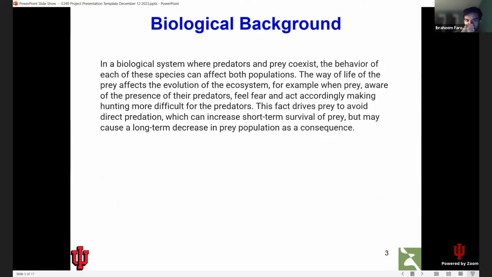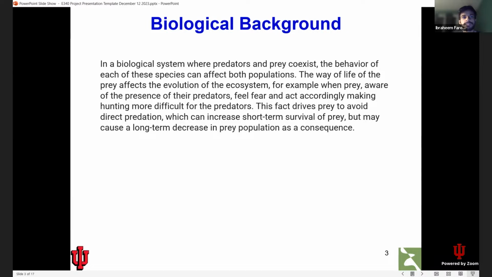Some biological background: in biological systems where predators and prey coexist, the interactions between both dictate how the population densities progress over time and what their steady states will be.